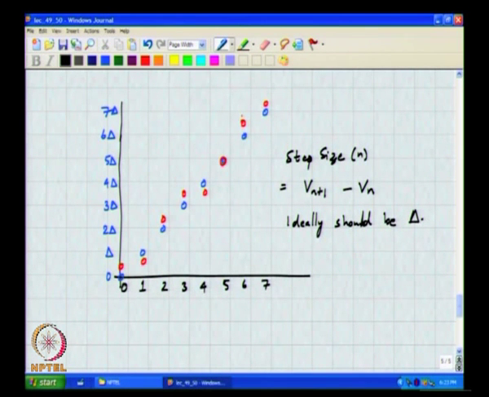In practice, it is not delta, it is either larger or smaller.